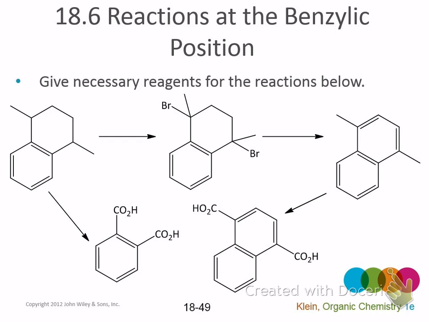So let's do a little practice. Okay. What are the reagents you would use to do each of these modifications? So let me label these so we can all be on the same page. How do you do A? You do Br2 or NBS, right?